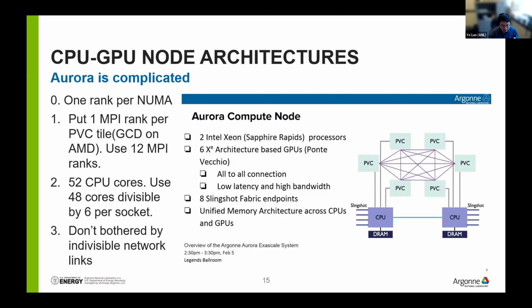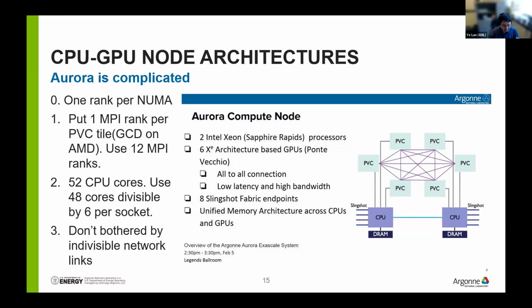On the Aurora machine, you have 2 sockets, and each socket CPU has 52 cores, but it has 6 GPUs. To some degree, like AMD, you actually need to use 12 MPI ranks to eliminate certain NUMA effects. So we now have 12 MPI ranks, and we have 52 cores by 2 sockets. So it's not really divisible.